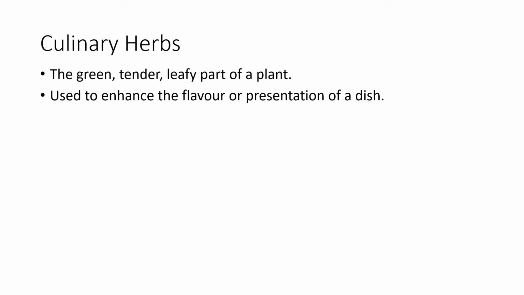It enhances the flavor, maybe adds some flavor to the dish, in terms of, we talked about chervil having a bit of a licorice flavor, etc. Basil is a good example of an herb that adds some nice flavor to the dish. Also, these herbs add presentation. They'll add some generally green color to the dish. They can add some shape, etc. on the plate.